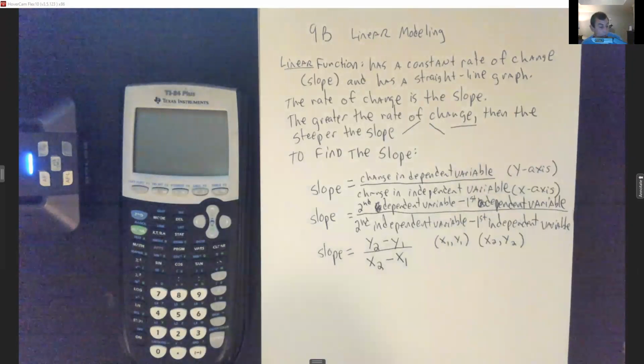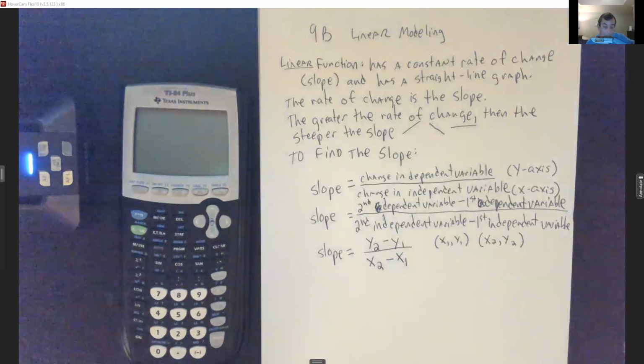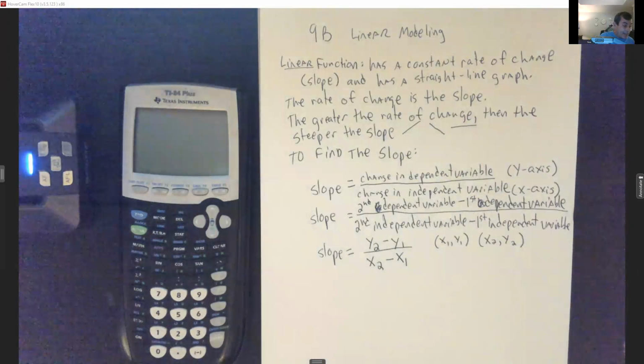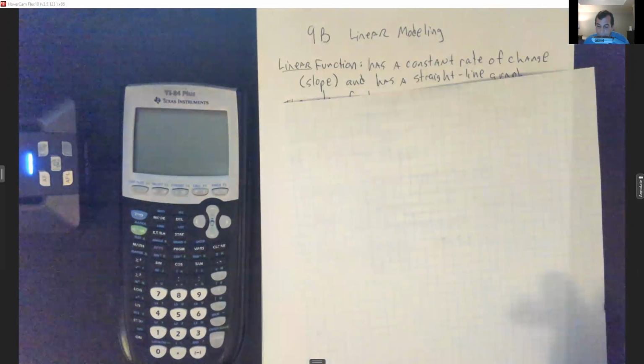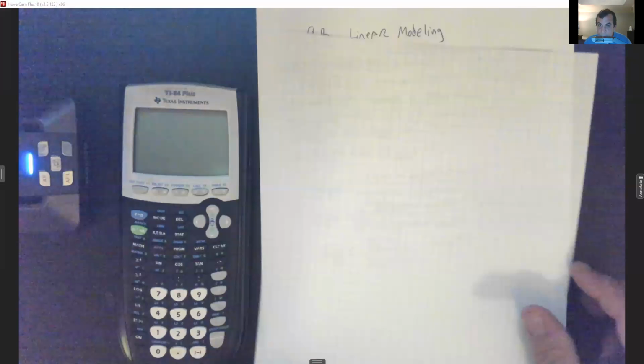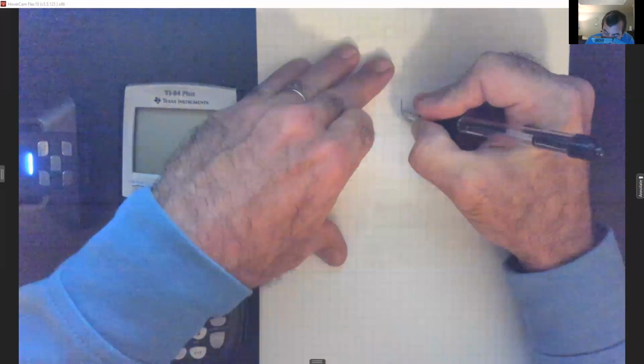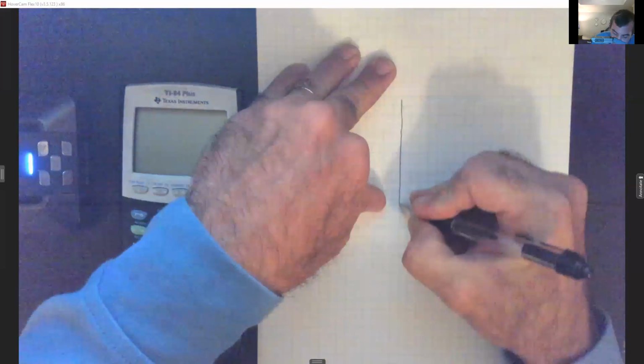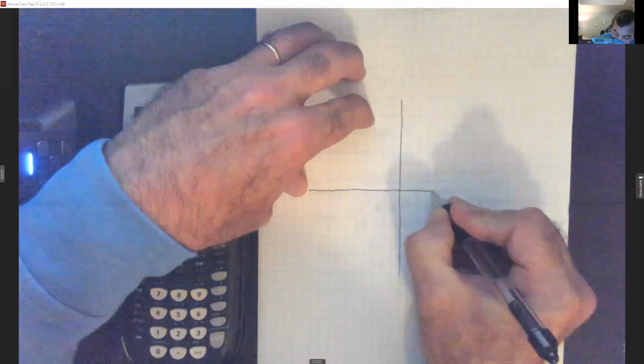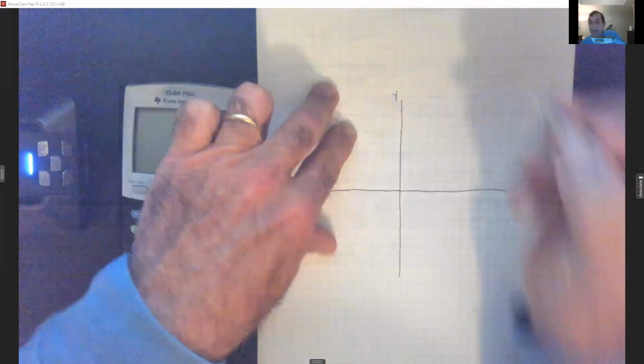So what I'm going to do is get some graph paper and show y'all how I would actually find the slope of a line. So y'all let me see if I can draw me a graph here in the middle. All right, so that'll be my x-axis, and that'll be my y-axis.